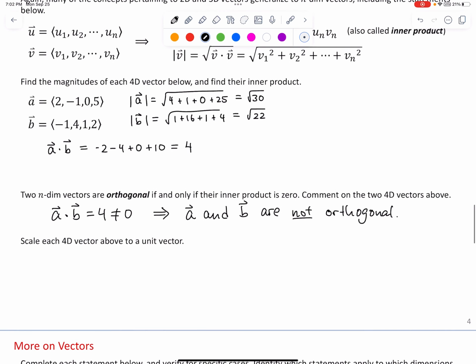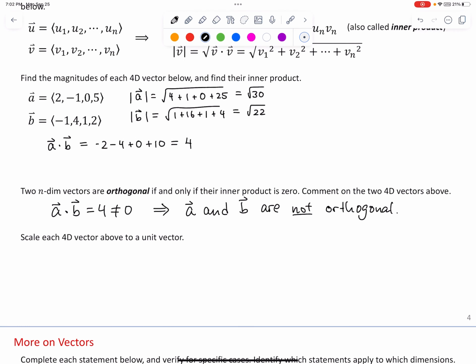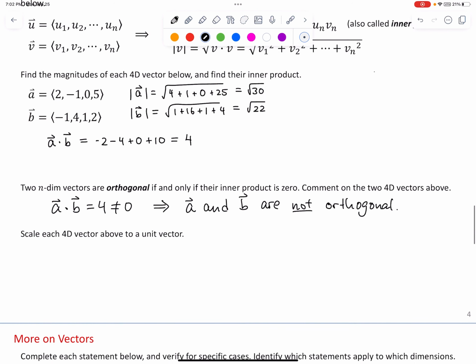The process we discussed for 2D and 3D vectors applies to any dimensional vector. We can make its magnitude equal to 1 by scaling it appropriately, and that scale factor will be 1 over the magnitude of the vector times the vector itself. So in the case of vector A above, it'd be 1 over radical 30 times the vector A, which you could rewrite by distributing the 1 over radical 30 to each component.